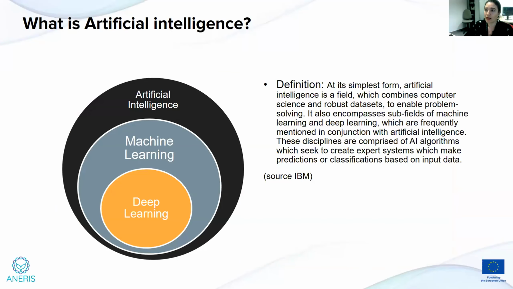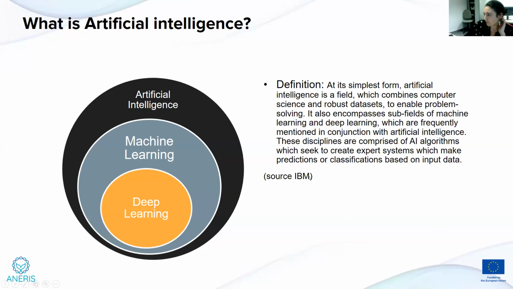So I will start again with the definition you already heard during the first two sessions of the workshops, but it's the morning, we're warming up. So what is artificial intelligence? There are plenty of definitions.